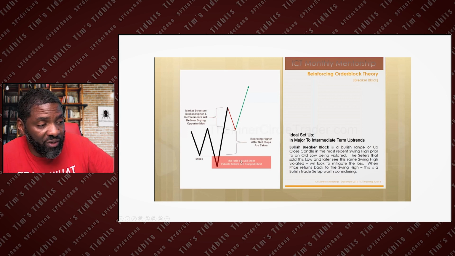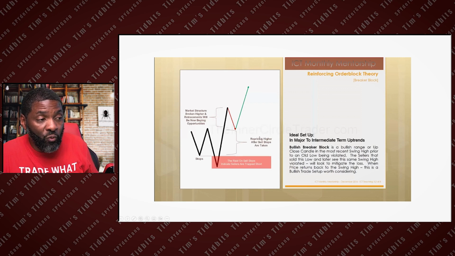They're stuck short. That's why I say raid on sell stops indicates sellers are trapped short. From this price point to there, they were like, oh, it's dropping, let's go short, especially after it broke the low right here. Now it reversed with that violent move up, that repricing higher, that distribution higher.